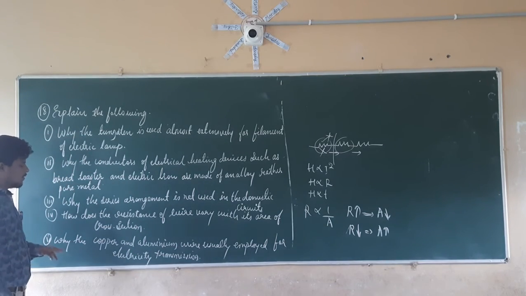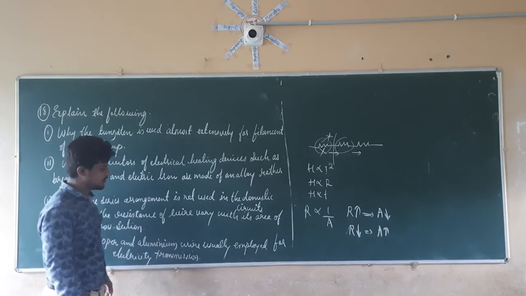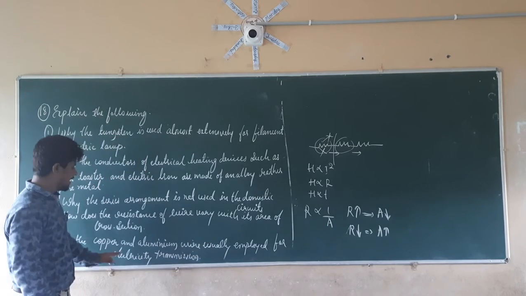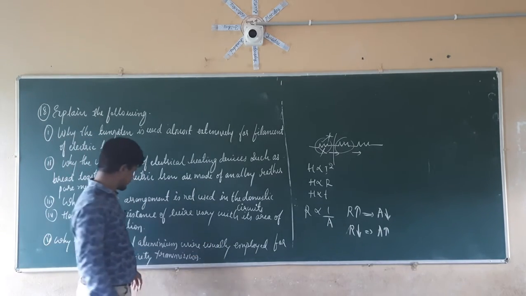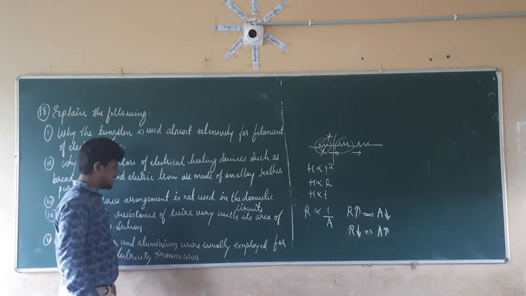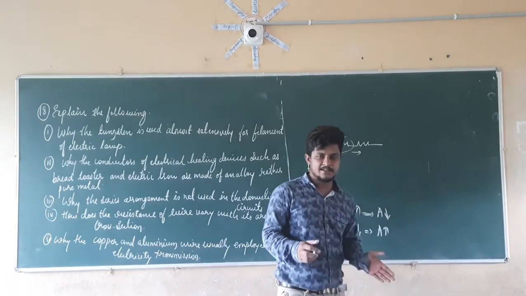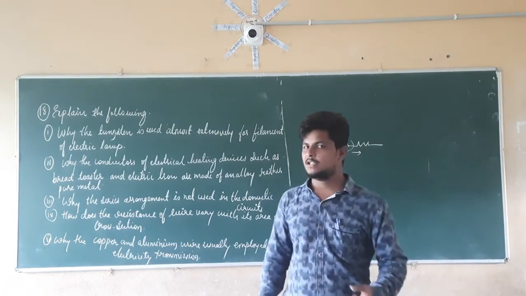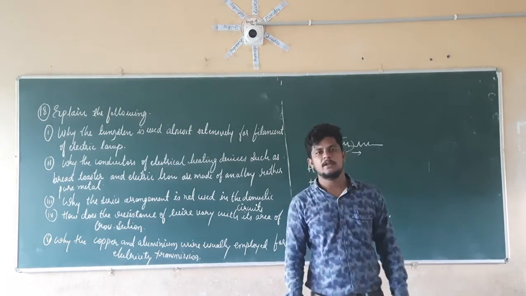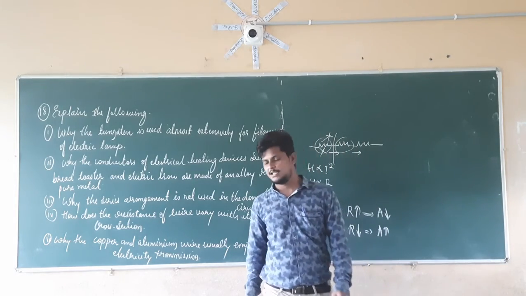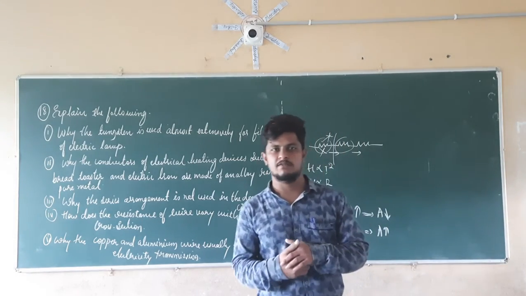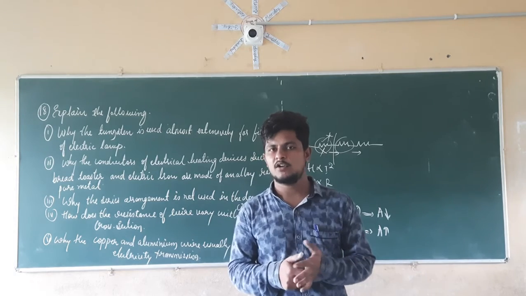Next, the 5th one. Why are copper and aluminum wires usually employed for electrical transmission? If we check the table of resistivity, copper and aluminum are good conductors of electricity since they have very little resistivity.